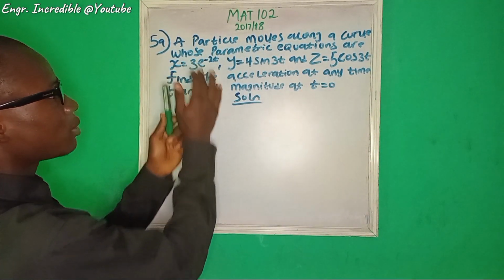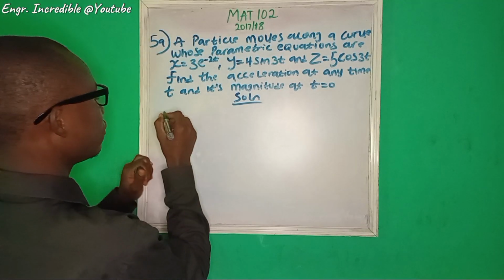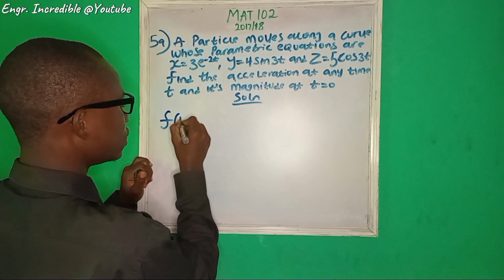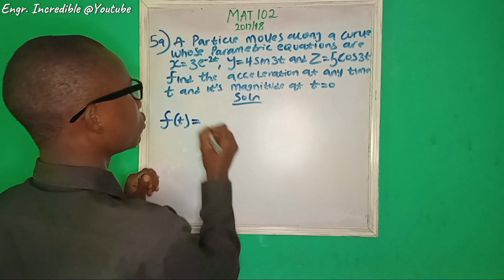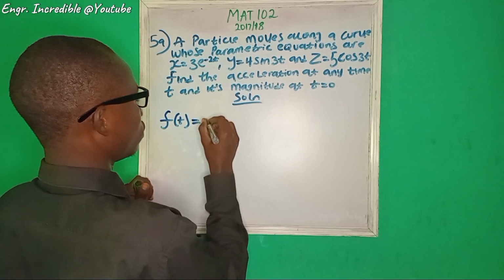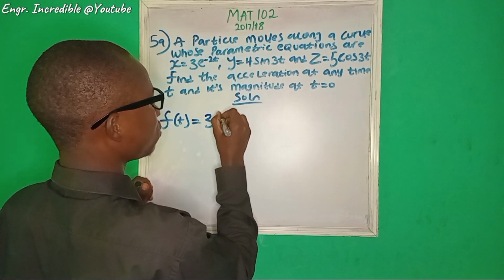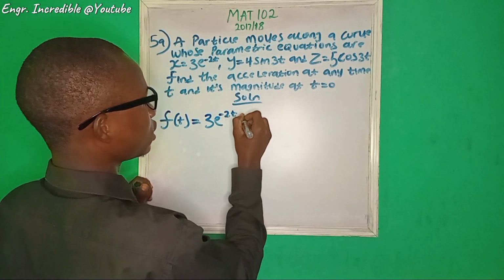Now this parametric equation, which is f of t as a function of time, will be equal to 3e raised to the power minus 2t i.